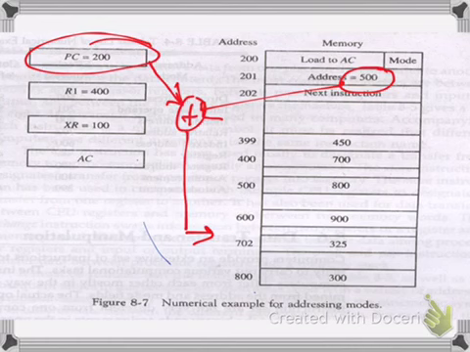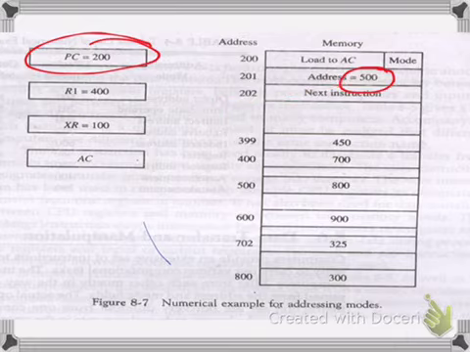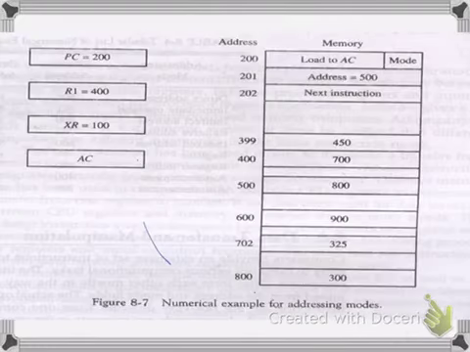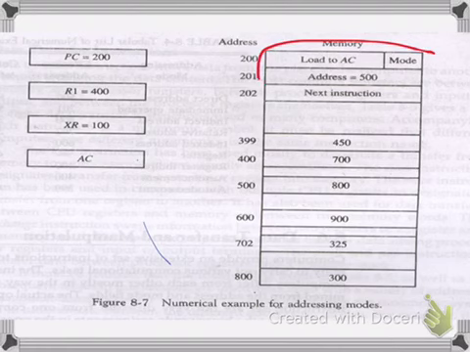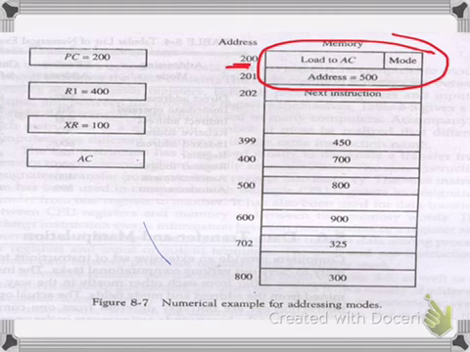To understand why it has gone to 702, let us look at this instruction. It is at address 200, and the next instruction starts at address 202.